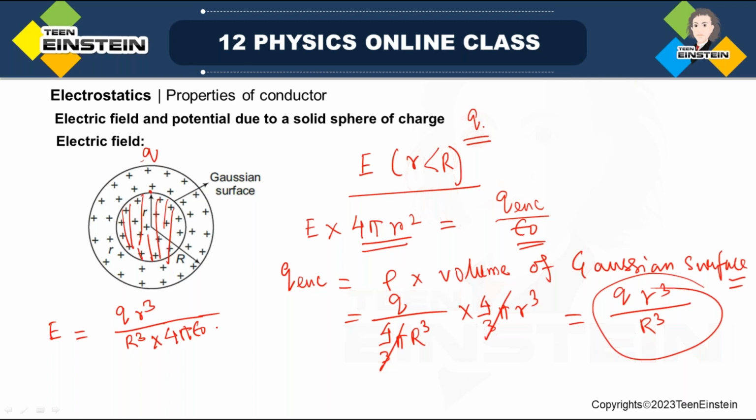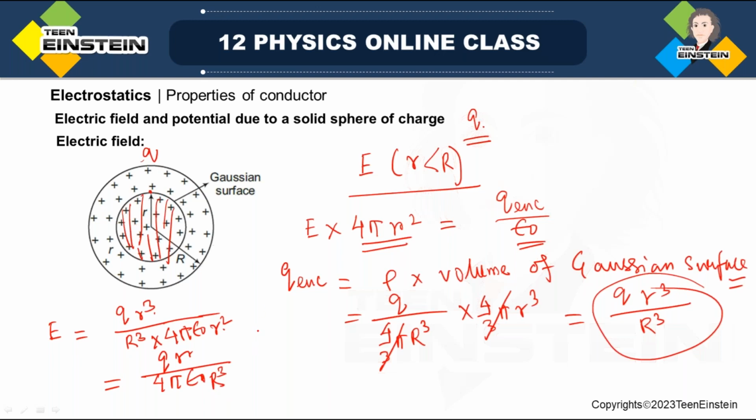So look here, this and this will cancel each other, and ultimately what we get is Q r divided by 4 pi epsilon naught capital R cube. So this is the electric field inside.